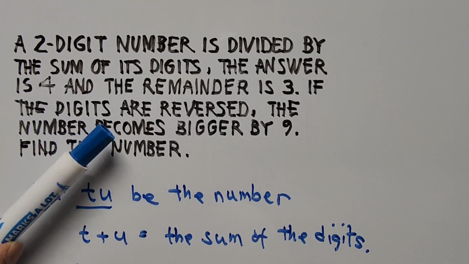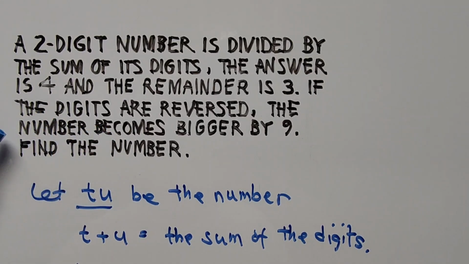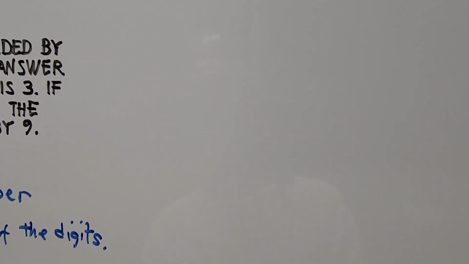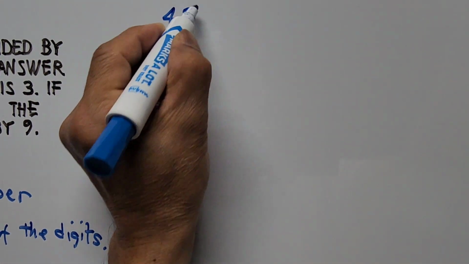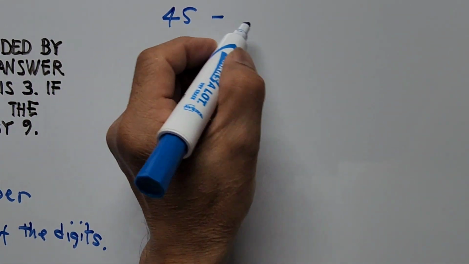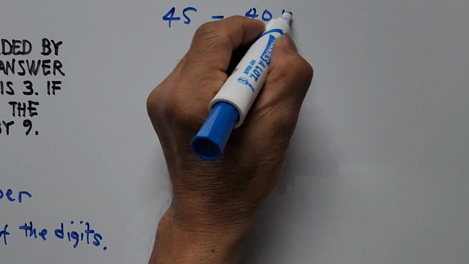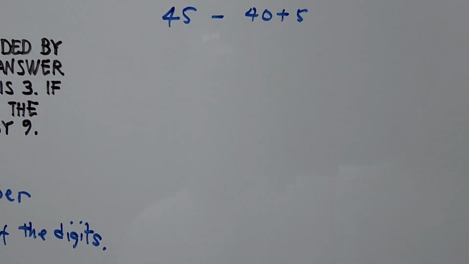As an example, we're going back to our example number earlier, 45, right? Number 45. So this is written in expanded form as 40 plus 5.